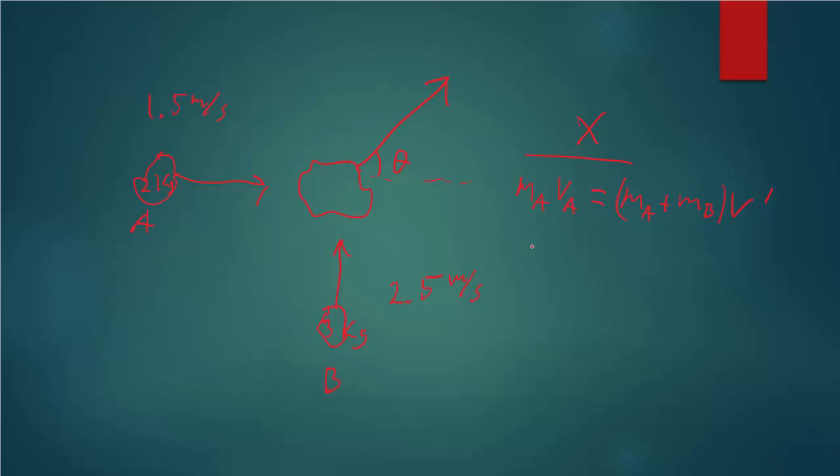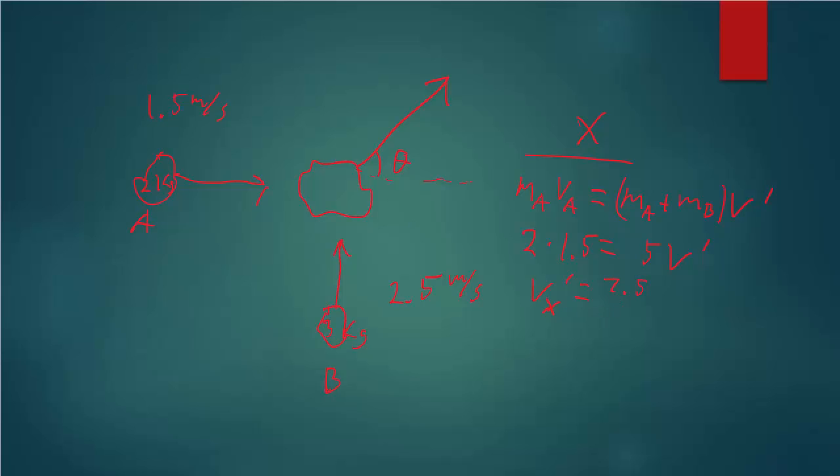So now we can go ahead and plug in our numbers. The mass of A was 2 kilograms, the velocity of A was 1.5. Combined mass is 2 plus 3, so that gives me 5 times V prime, and we solve this and we get V prime. I'm going to call it V prime X just to remind myself that this is just the horizontal component. And that's going to be 7.5. No, that's the y direction.